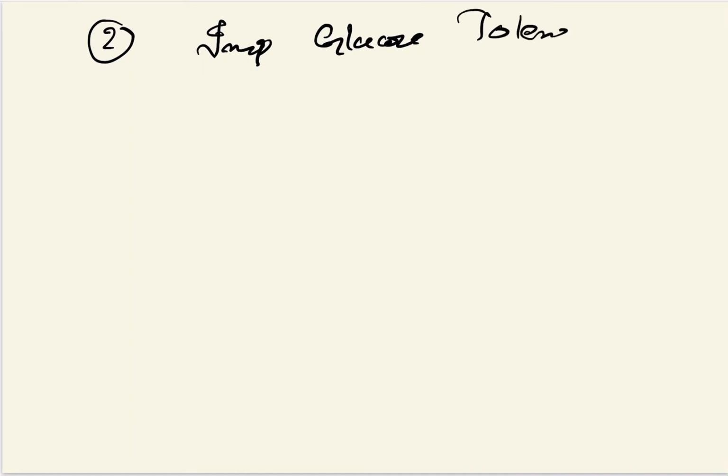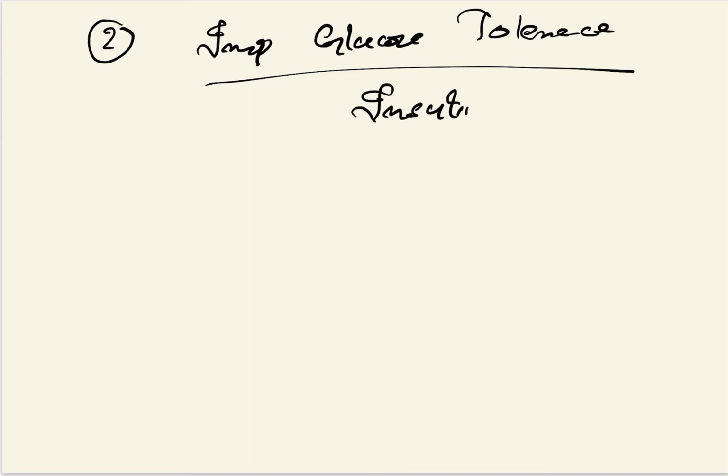The second criterion is impaired glucose tolerance, or we say insulin resistance.